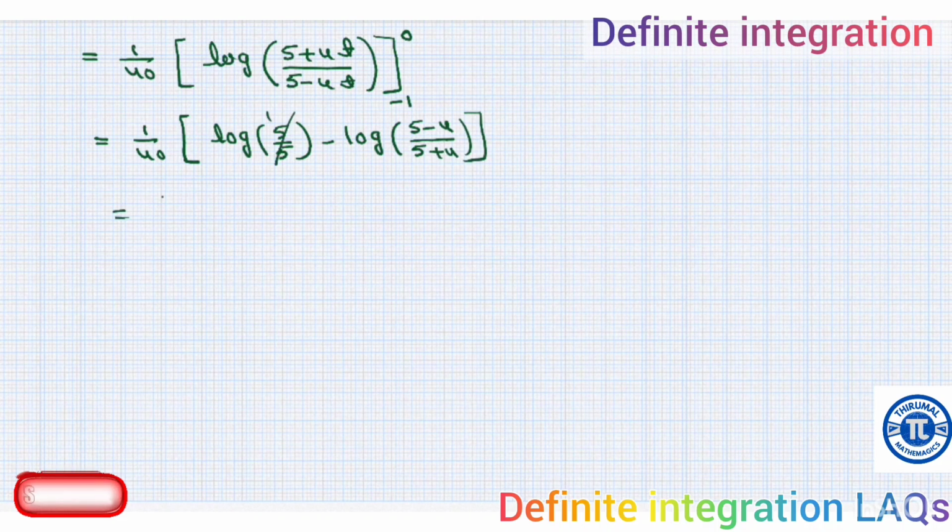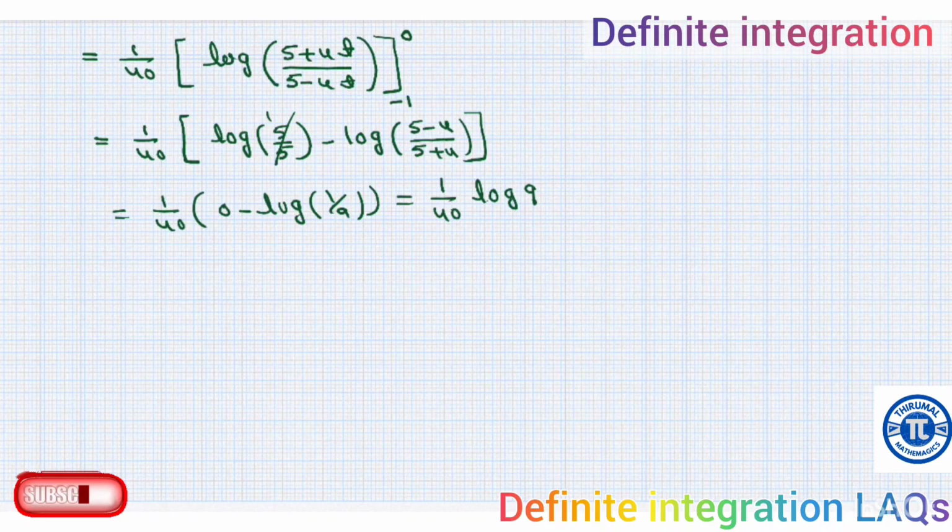Log 1 equals 0, minus log of 1 by 9, is equal to 1 by 40 into log 9, which is 1 by 40 into log of 3 square.